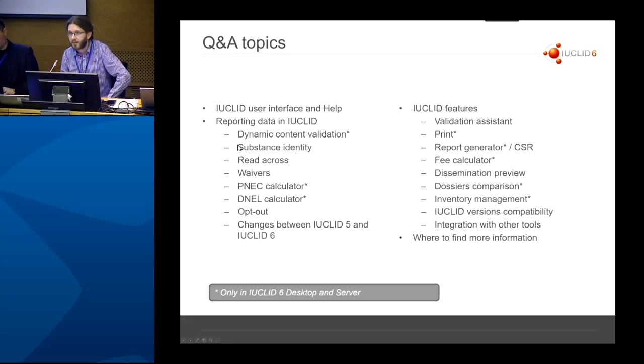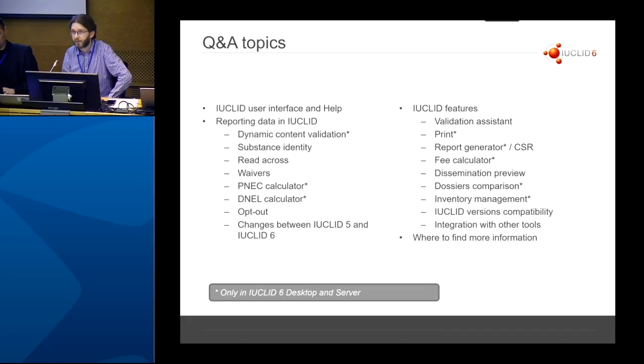Then there are some slides on how to report data in Euclid for very specific cases. There is something about the dynamic content validation. You will see that depending on where you are in Euclid and depending on which field you select, then more or less information is available for you to enter.